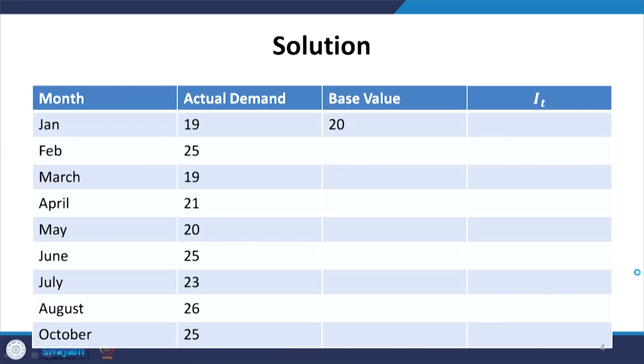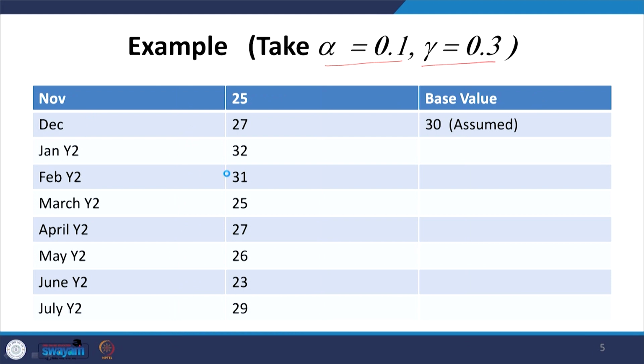In this particular case we are starting with the data of January for year 1, and these are the actual demands from January to October, and then in the next slide you have November, December, and then you will go for calculation of the forecast for the period of August.